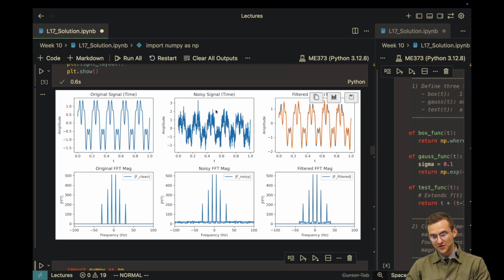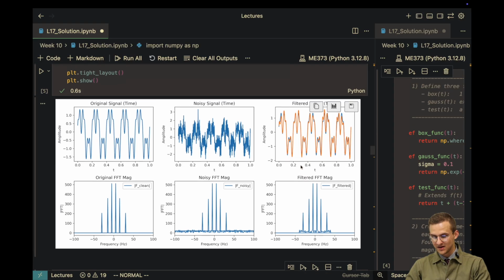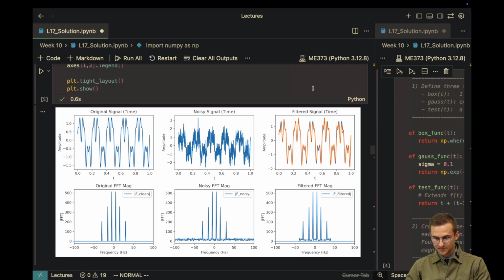Well, if I take the Fourier series representation of this guy, and then I apply a filter to it where I knock out all of the high frequency noise that's happening between roughly 45 hertz and 100, I just knock all of that down, and then I take the inverse Fourier transform of that, I get the orange signal, which is an almost perfect clean reproduction of the original signal, right?